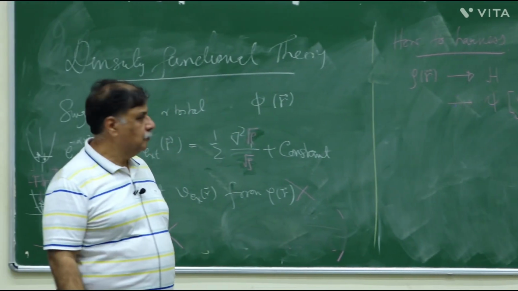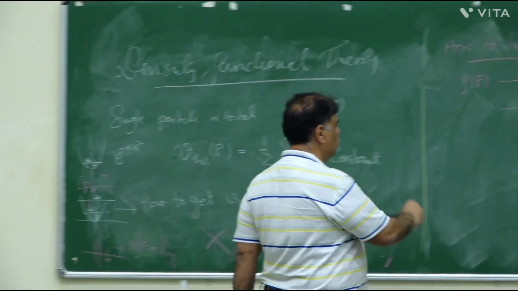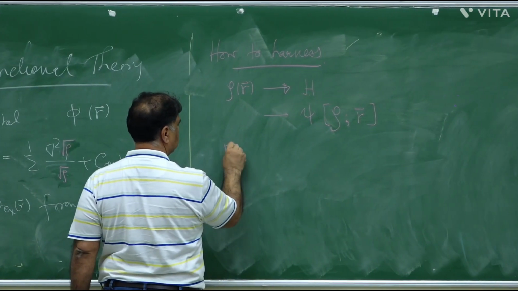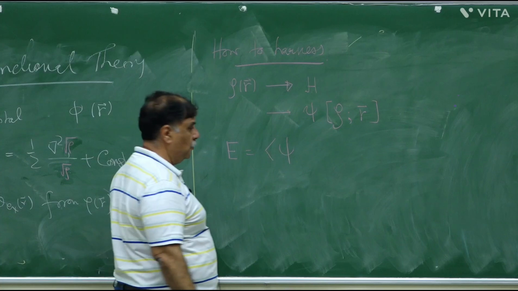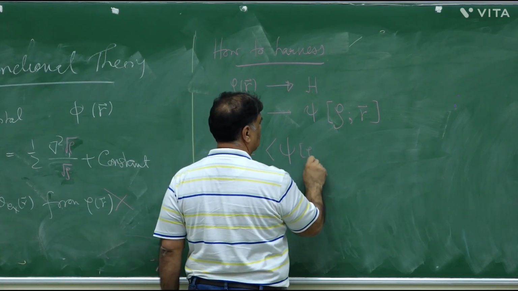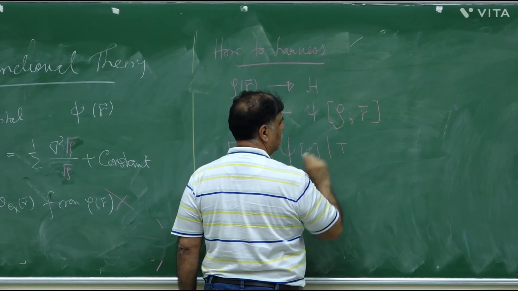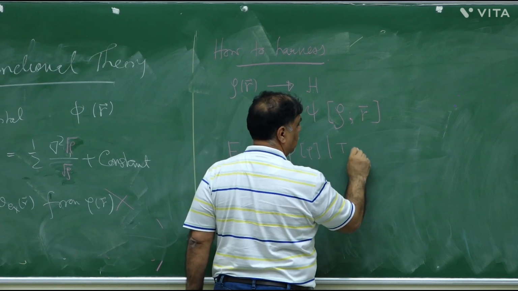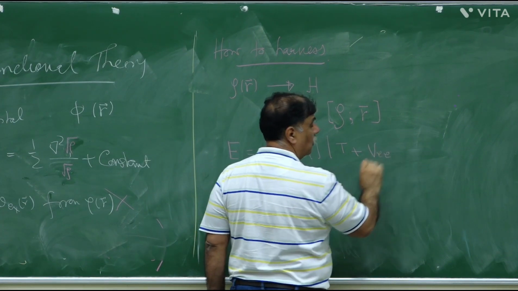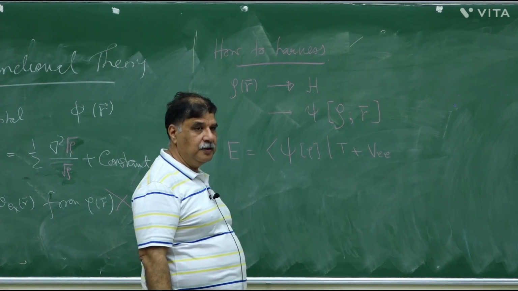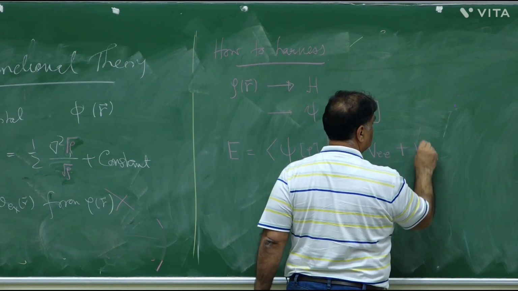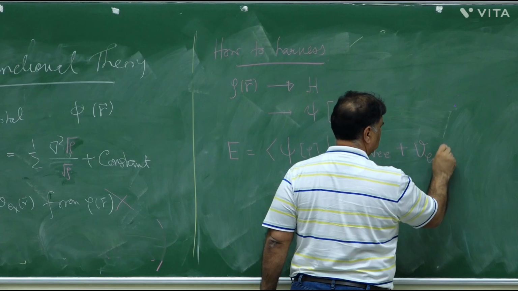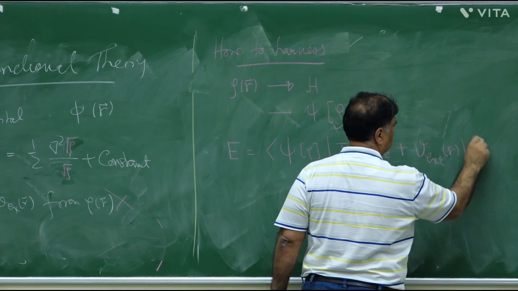And therefore, the energy, which is the expectation value of the Hamiltonian in psi, is given by the ground state density. The kinetic and interaction operators are known, V external is known, right? Either you can calculate it from there or it's given. So I'll give you V external also.